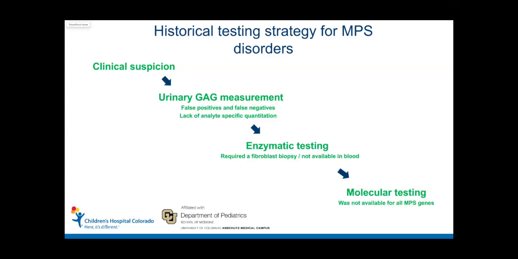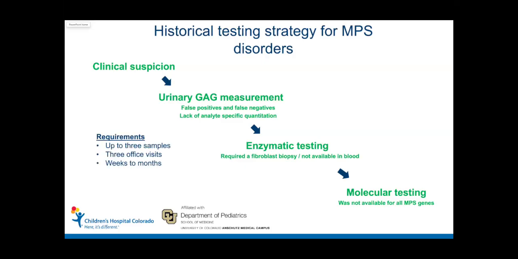And then finally, and I know it's hard for people in the current times to believe this, there was a time when we didn't even know the genes for all of the MPS, and we couldn't do sequencing. Sequencing was a research test that took months or sometimes years to get results back, if you got them back at all.